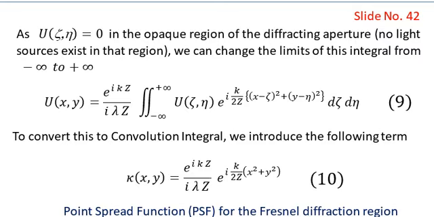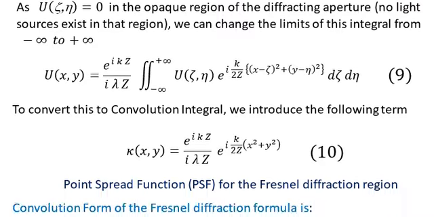To convert this to the convolution integral, we introduce the following term. In order to write this formula in the convolution form, we introduce kappa of x comma y is equal to e to the power ikz divided by i lambda z, which is the constant quantity in equation number 9 on the left of the integral, multiplied by e to the power ik over 2z, and within the bracket we have x square plus y square.